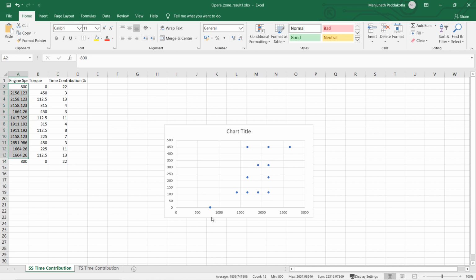So basically we have 12 emission points for the WHSC cycle.